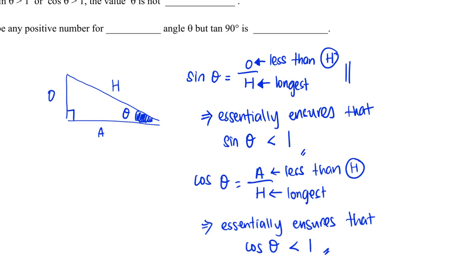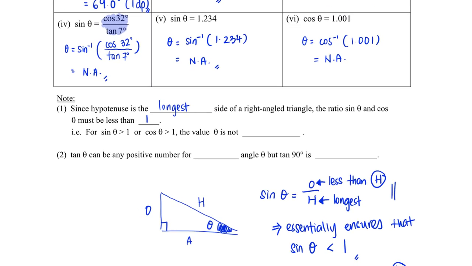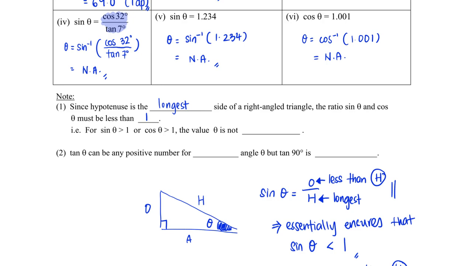It can never be greater than 1. That is what is happening for the last three examples where the ratio is greater than 1. So the value of this angle is not defined. There is no angle for this. It's just not possible. And for tangent, it can be for any positive acute angle, but tangent 90 is again not defined.